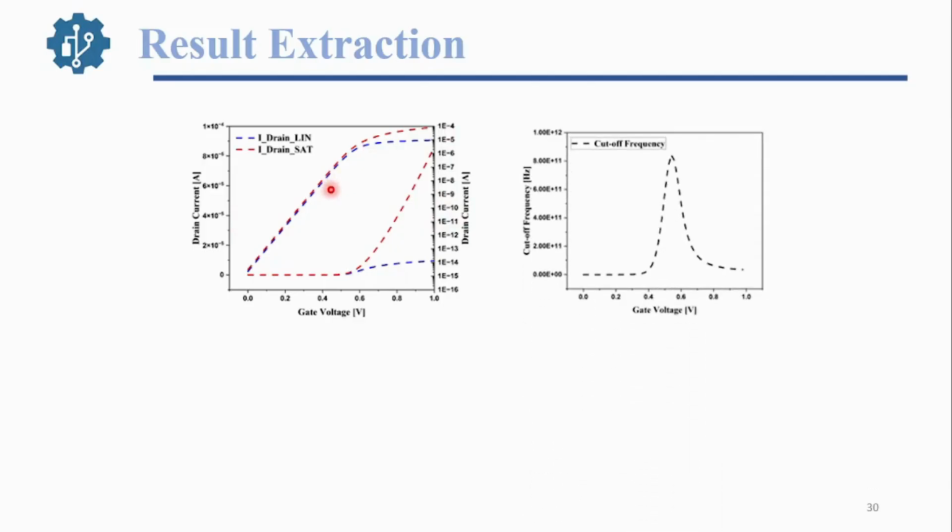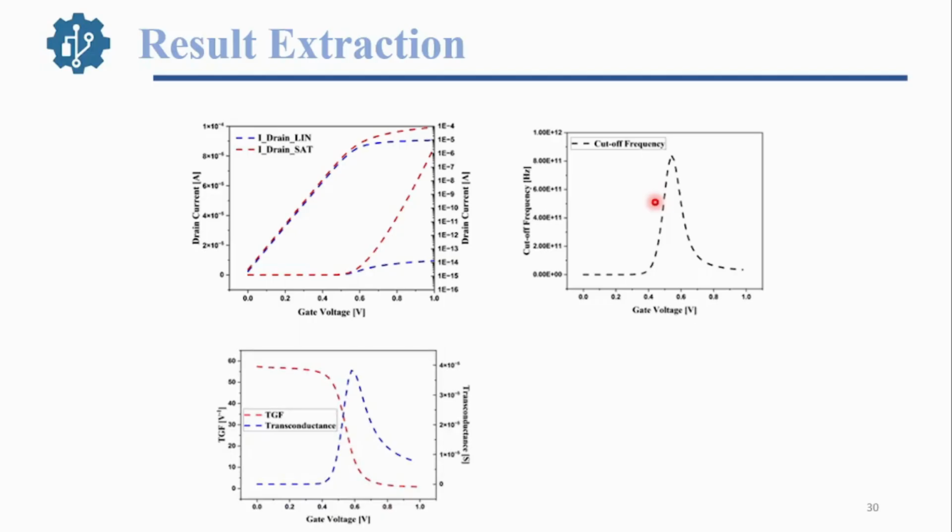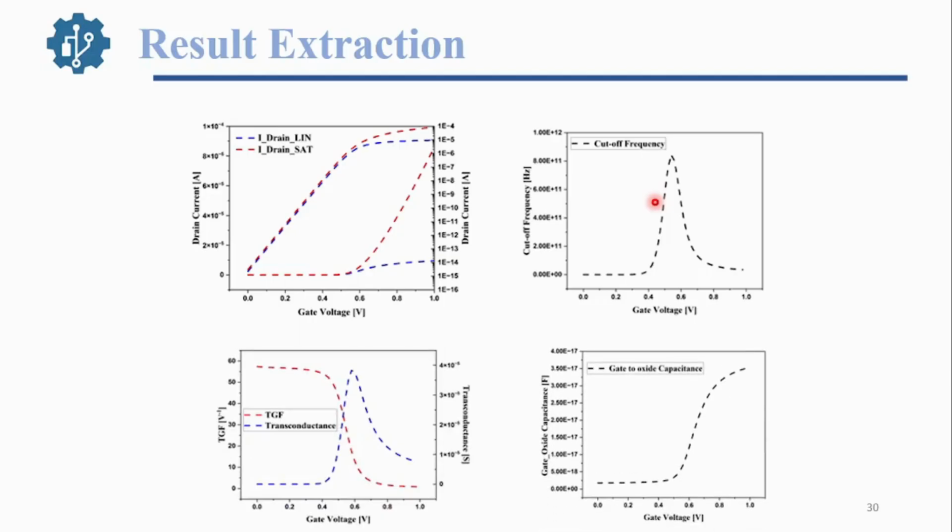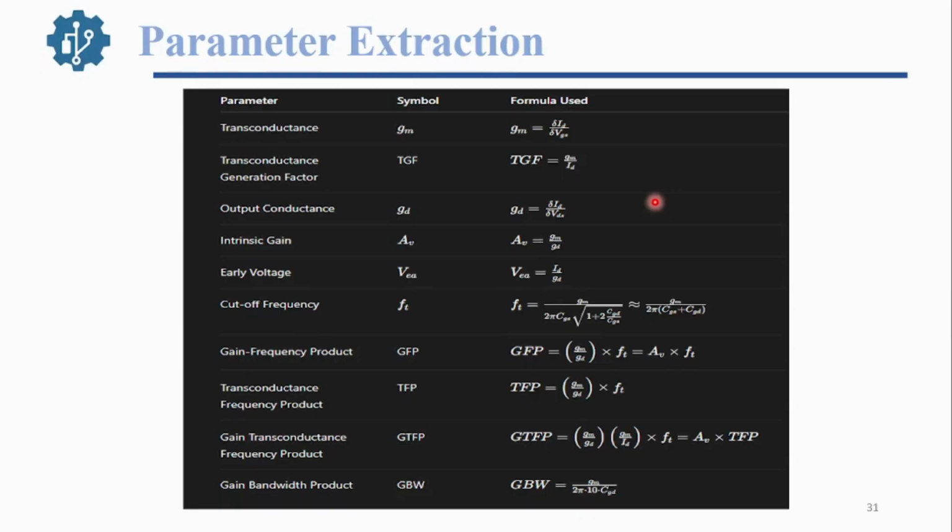Next is the cutoff frequency with respect to the voltage. These are some of the result extractions of this completed simulated device. This is basically the TGF factor and transconductance, and this one is the gate oxide capacitance with respect to the voltage. Now, these are some of the important parameter extractions after simulating the device.